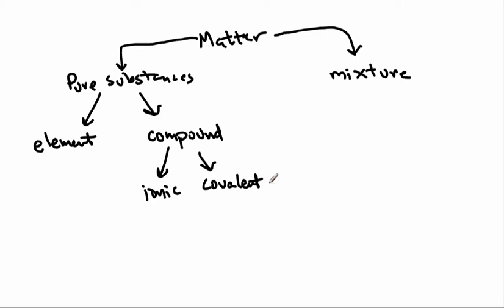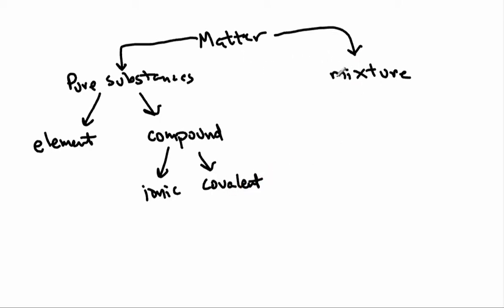The key distinguisher between the two is that ionic compounds are held together due to electrostatic charges because they're ions. That means they involve electrons being transferred between those atoms when they form the compound. And covalent compounds are held together by covalent bonds. Remember that covalent bonds are bonds that result from the sharing of one or more electrons between substances.